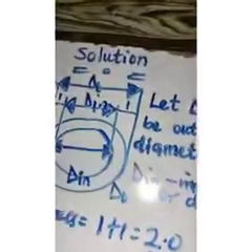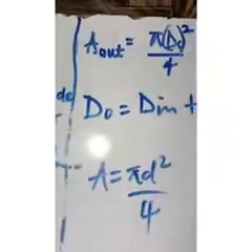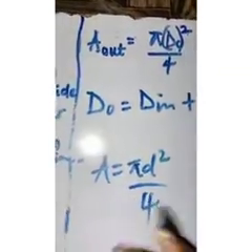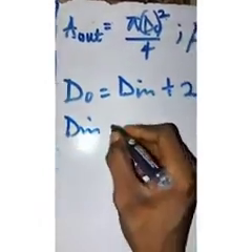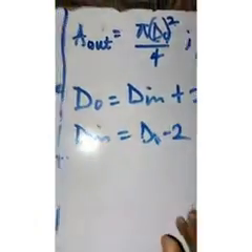Okay, so also remember from the formula that your d out is equal to d in plus 2. So therefore you can also find out that your d in is now equal to d out minus 2.